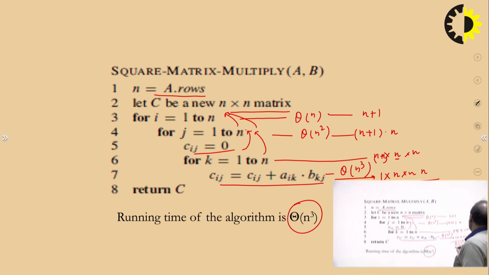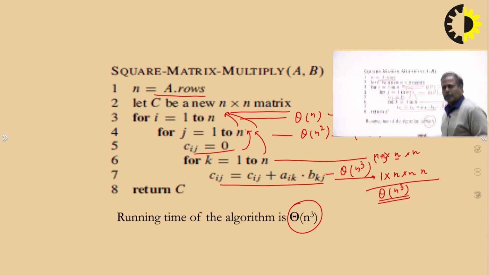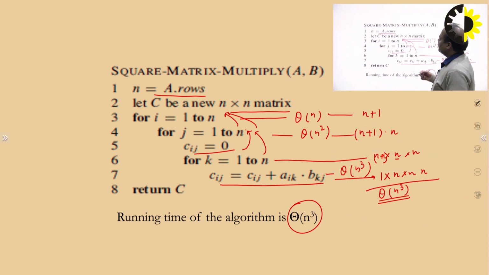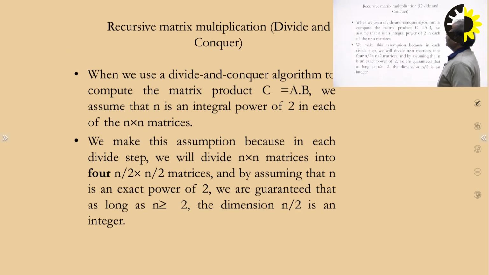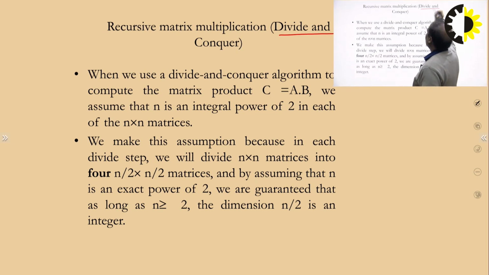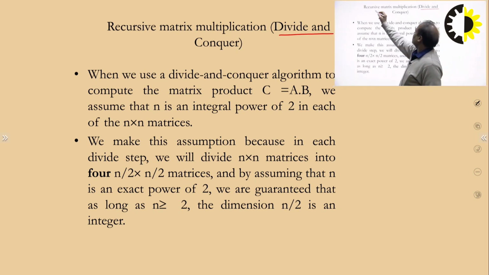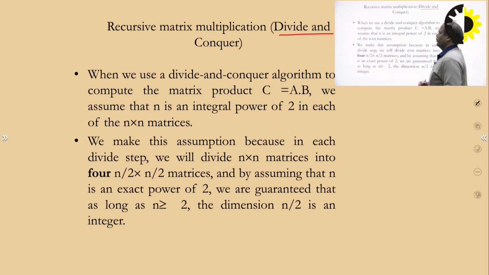So in general running time is going to be theta n cube. So this is not a very much recommended method of multiplying two matrices of order n by n. So there is a method of divide and conquer, we call it recursive matrix multiplication.